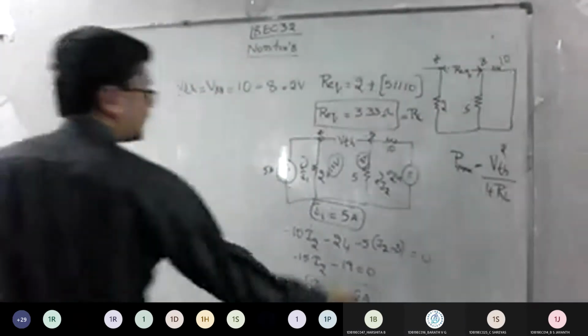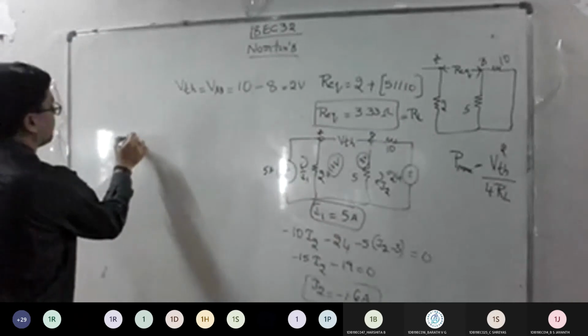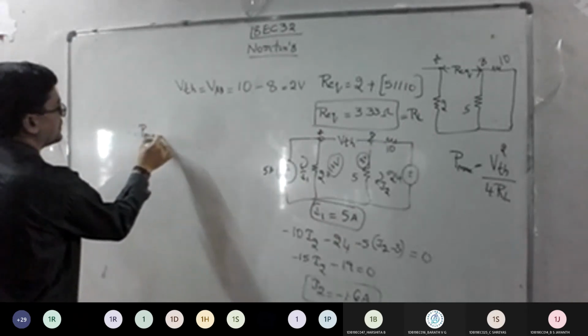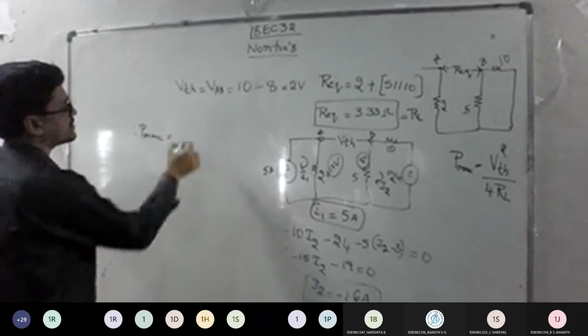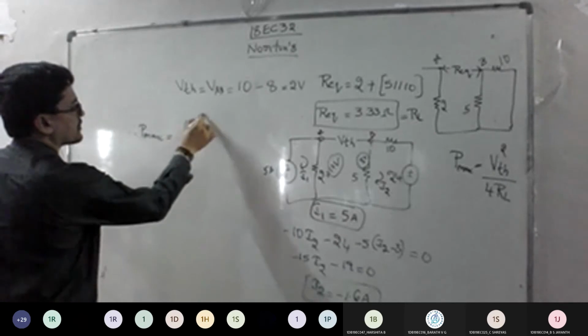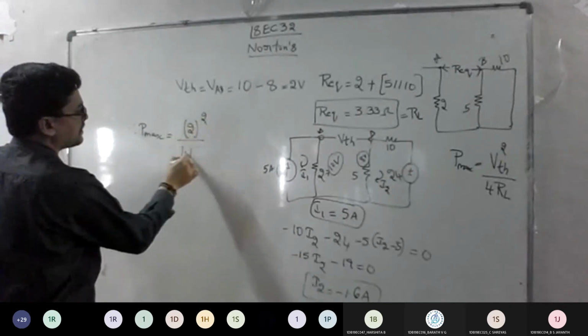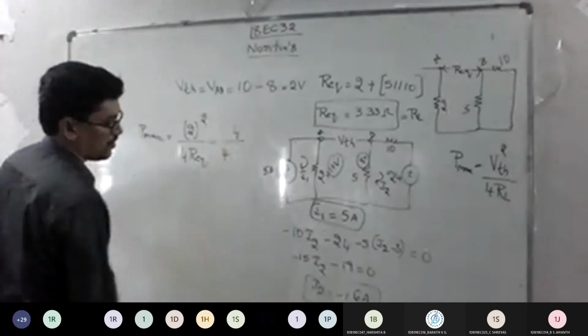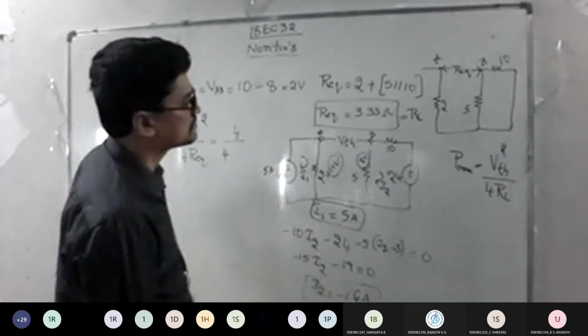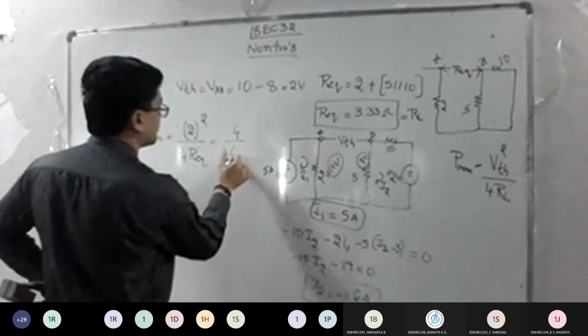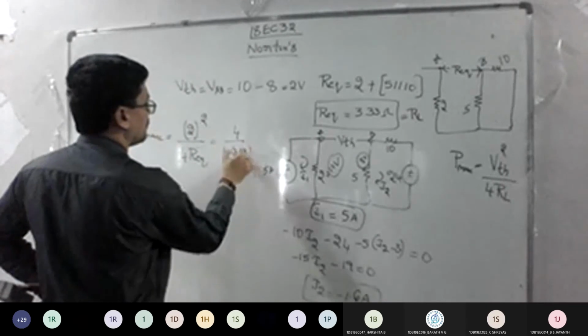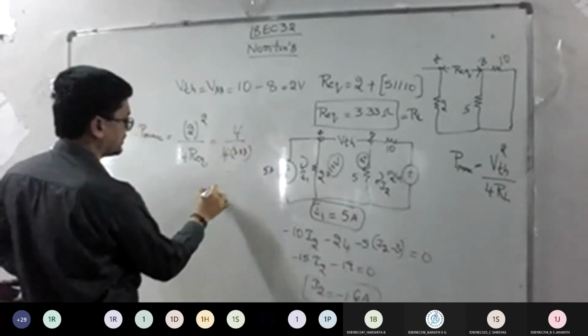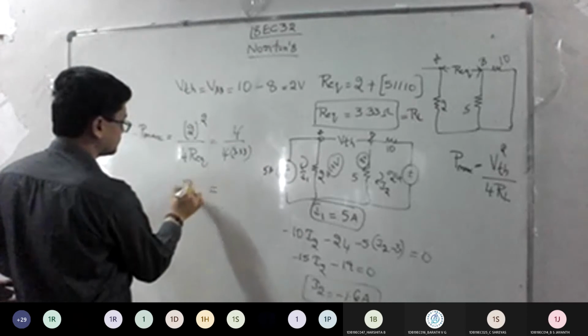So after finding VTH and after finding the load, you can apply the formula. So maximum power is equal to VTH square divided by 4 RL, nothing but R equivalent only. So it's 4 by 4 into, what's the R equivalent you got? 3.33. So 4 gets cancelled. What is 1 divided by 3.33?